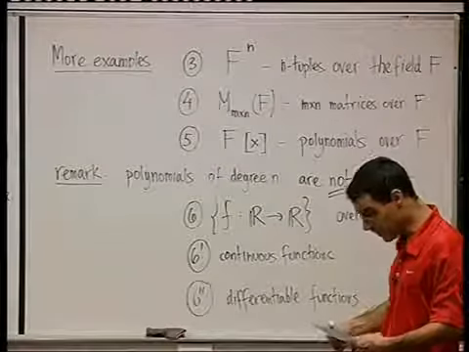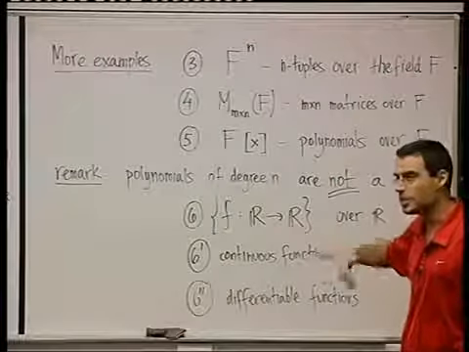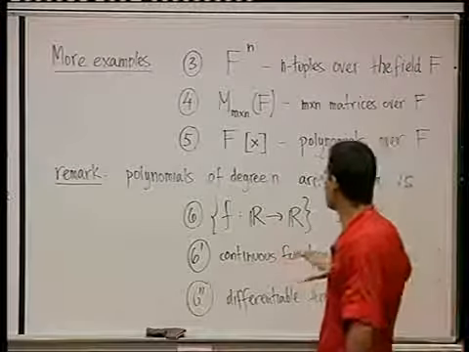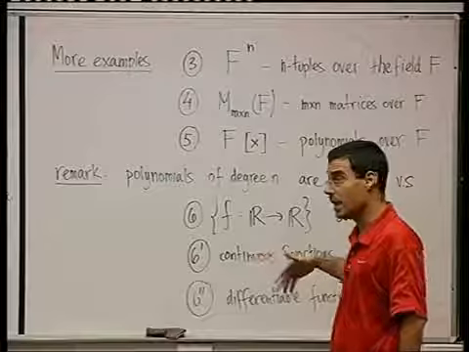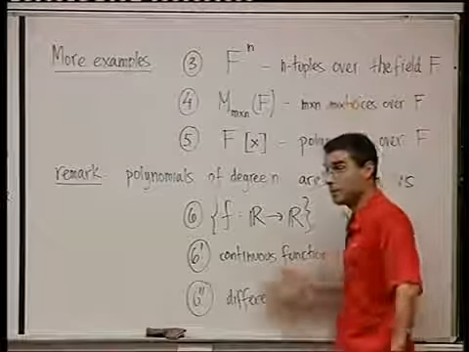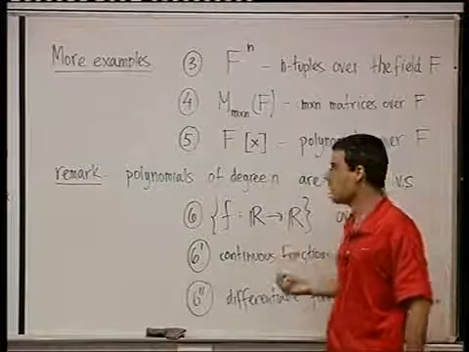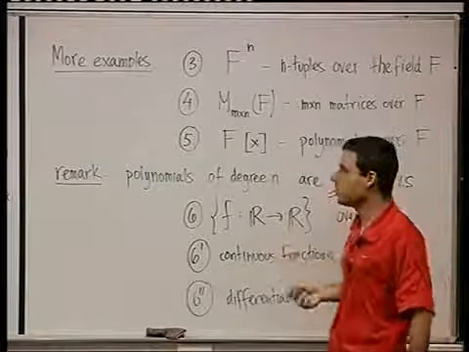Okay? So once again, to summarize, it's very abstract. It takes time to get used to seeing something that's completely abstract, but keep in mind the examples. Okay? Suppose somebody asks you, is it true that in any vector space the following property holds? What do you do? How do you know if it's true, if it's false, if you want to prove it, if you want to give a counterexample? Well, you think examples.